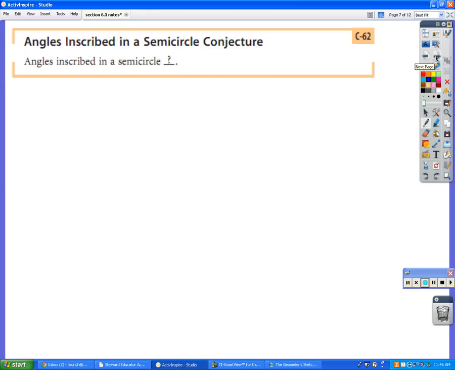So angles inscribed in a semicircle are right angles. And that is a direct conclusion from the first thing we did, which was that inscribed angles are half the measure of the intercepted arc. We did already know that, but it's not a waste of time because it's worth pointing out, because it's sort of a special circumstance of that.